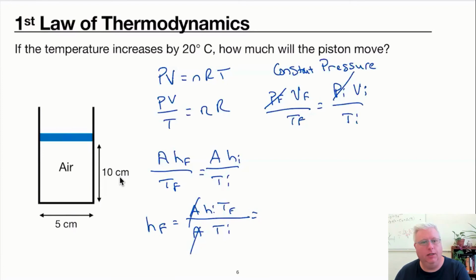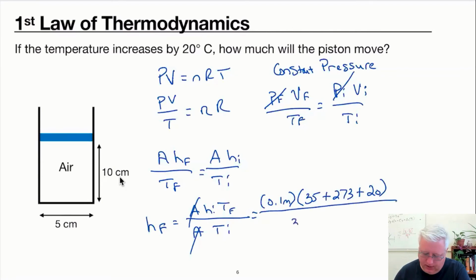So it's just the initial height, the 0.1 meters, times the final temperature, which is going to be 35 plus 273 to get the Kelvin, plus 20, over the initial temperature of just 35 plus 273.